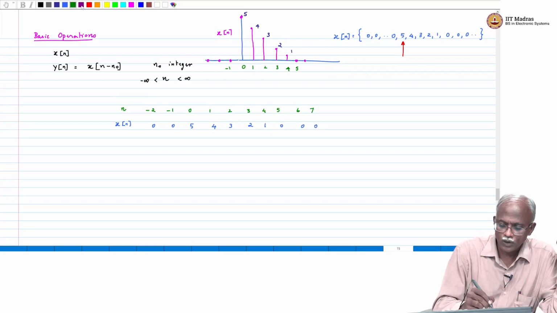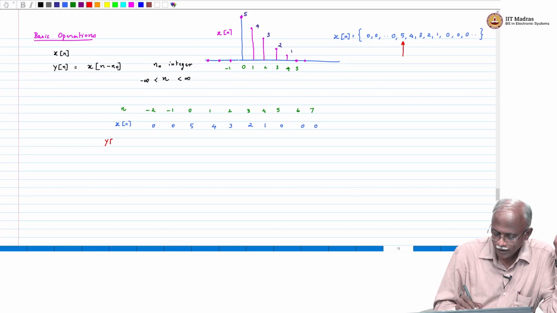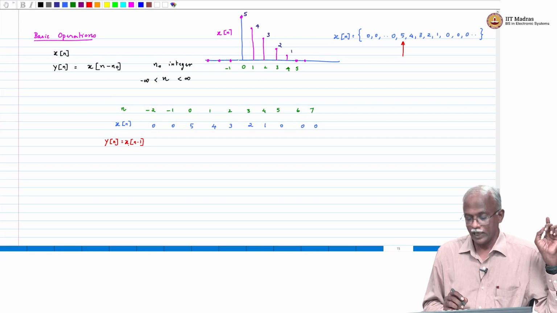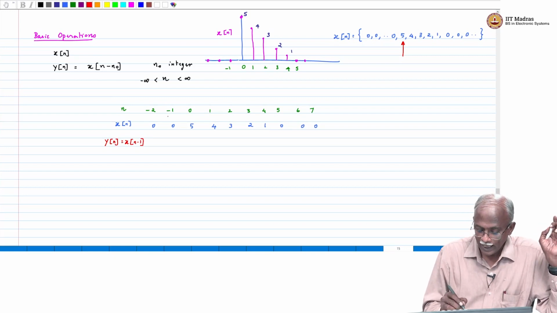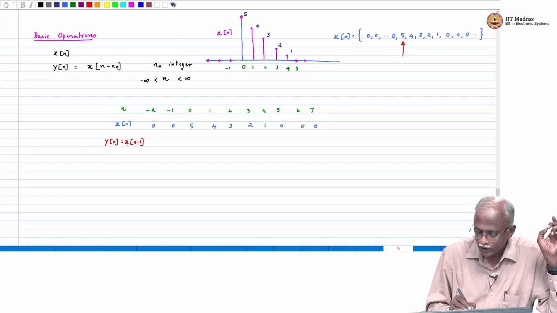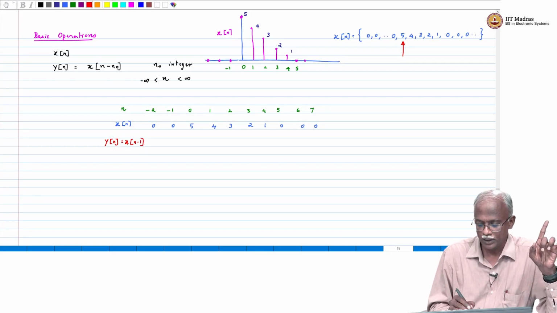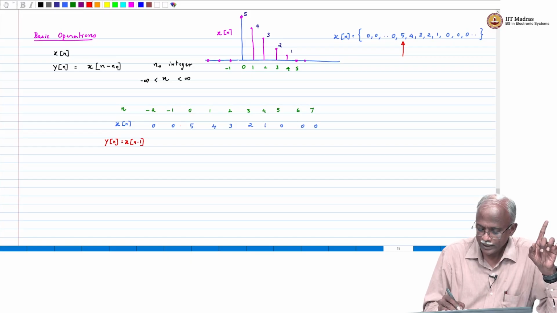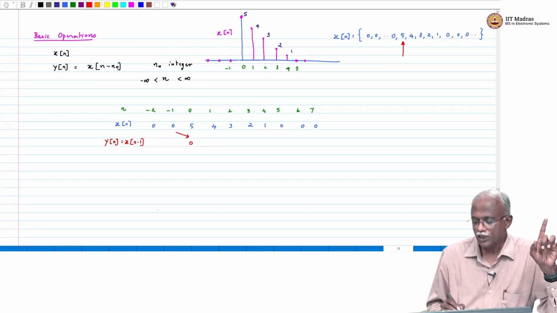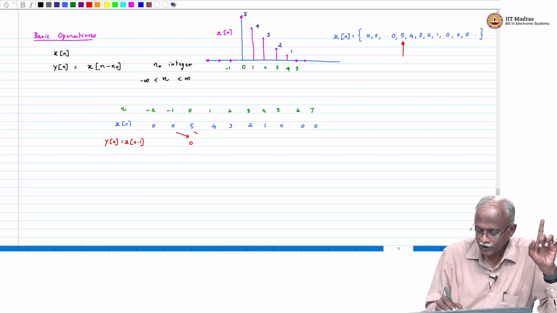Now, y of n is equal to x of n minus 1. That means at time n equal to 0, y of 0 is equal to x of minus 1. Draw a little arrow and this becomes your signal. y of 1 is x of 0.